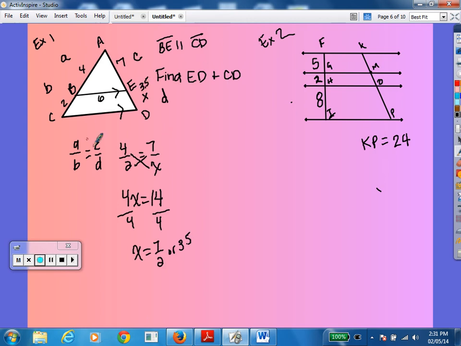And then it also asks you to find CD. So now we need to find this measure. So you're going to have to use corresponding sides. So you could go back to what we learned about similar figures. Remember, that's the little triangle. This is the big triangle.